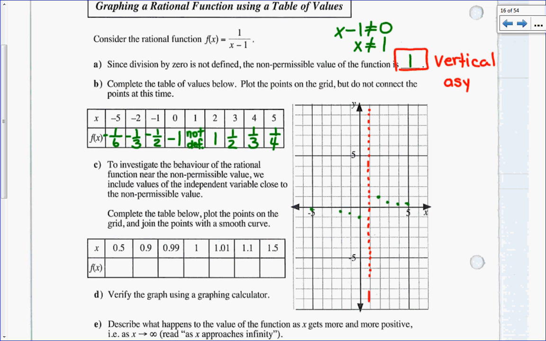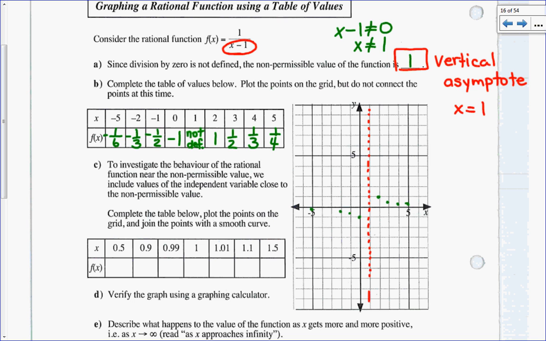If you wrote it as an equation, the equation of the vertical asymptote would be the line where x equals 1. Okay, because that's the value that would make your denominator equal to 0. Okay, so if we joined these dots, they're going to get closer and closer to that, but they will never actually touch that.